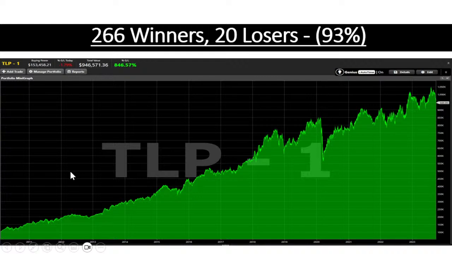When I first created this trading system back in 2016, we were looking at the same winning percentage. Now we were back here. The portfolio equity curve was a lot smoother, but even then we were looking at 93% winning trades. It's had its rough times along the way, but all in all, it continues to produce an enormous amount of winning trades compared to losing trades.